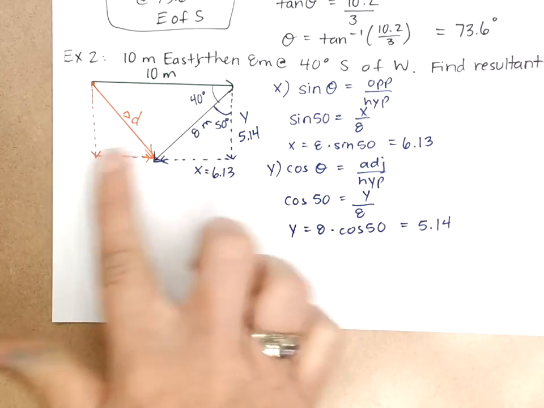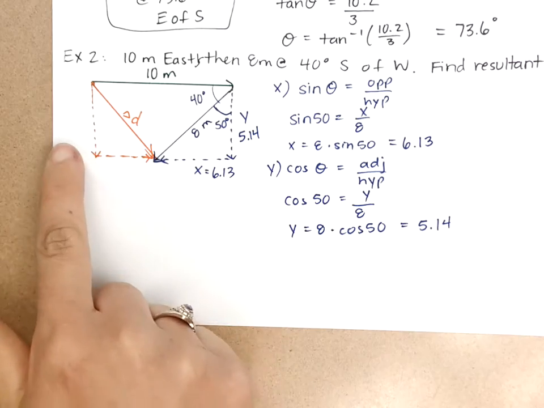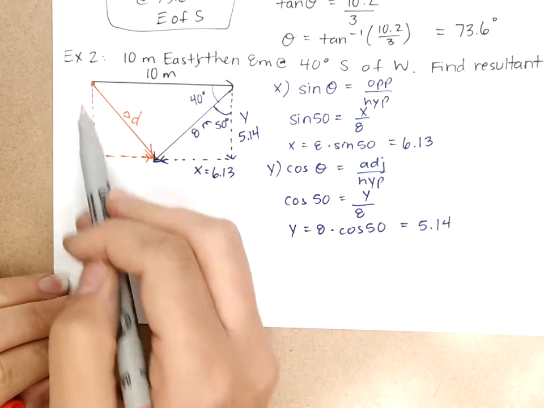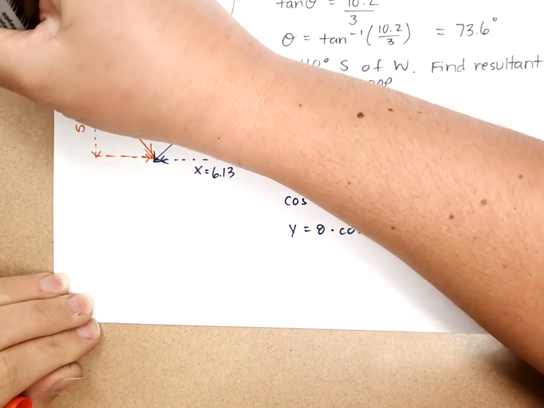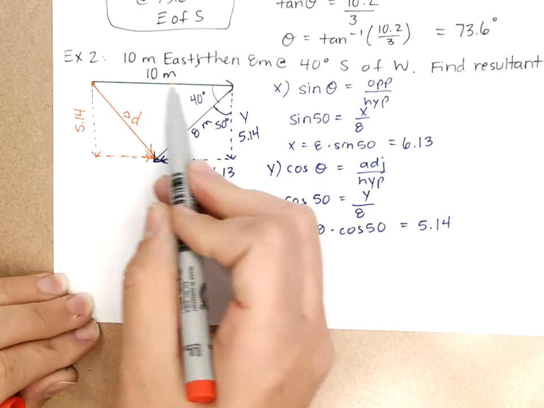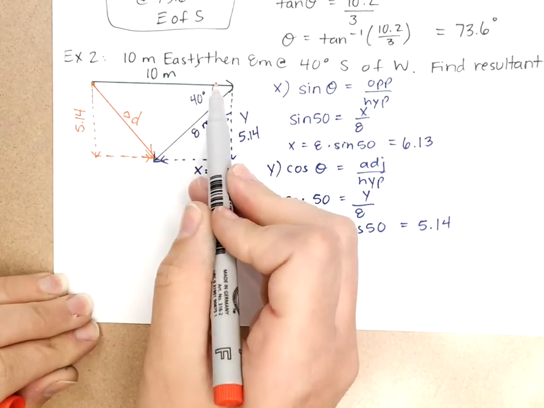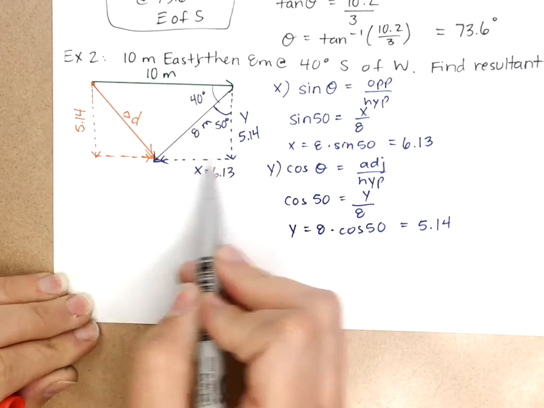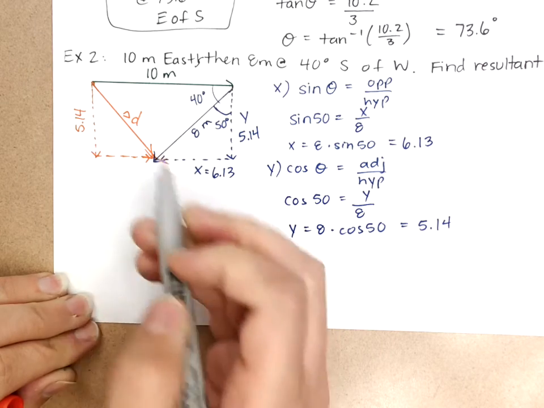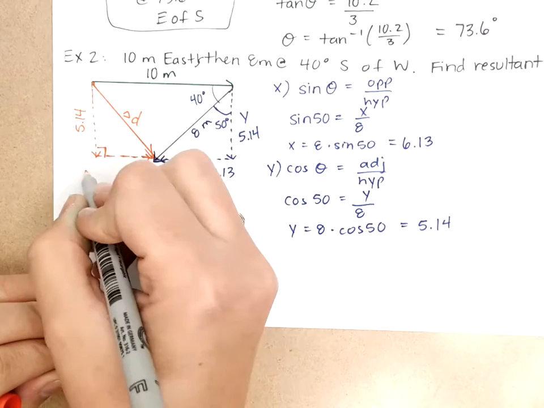Now we can just transfer our known information over to our other picture, our other triangle. We know that this y is 5.14. Well, both y's are the same, so this is also 5.14. This x is 6.13. Well, the total length of this rectangle right here is 10. So that means this total length is 10. So this little x piece of our red triangle is also 10 minus 6.13.